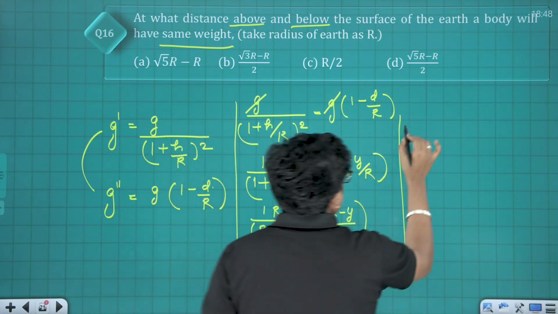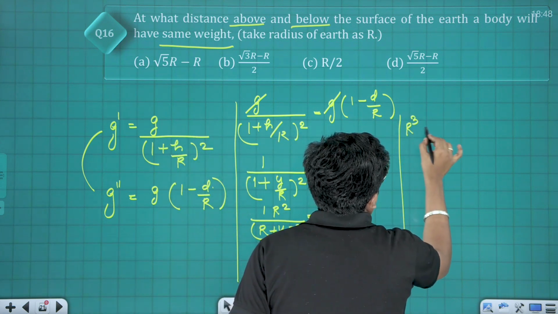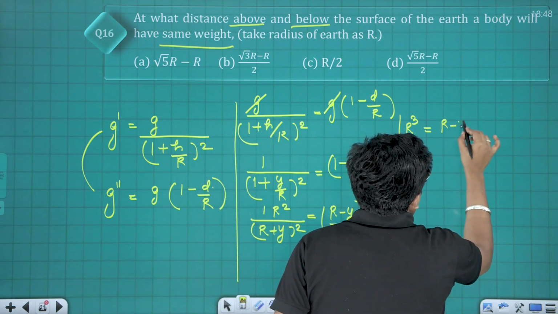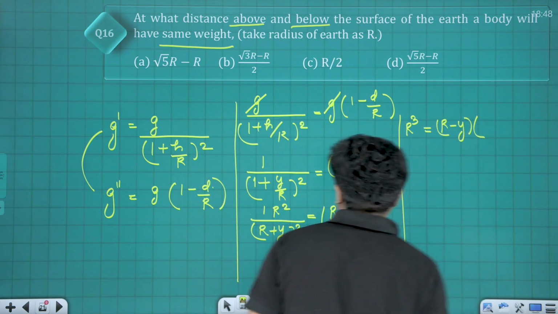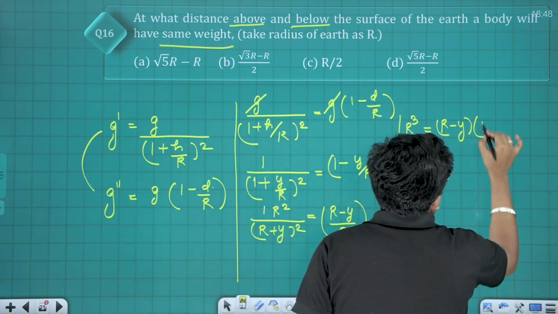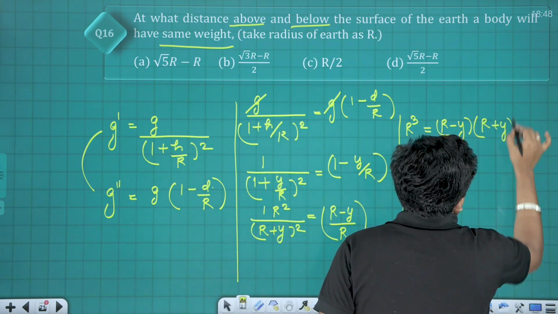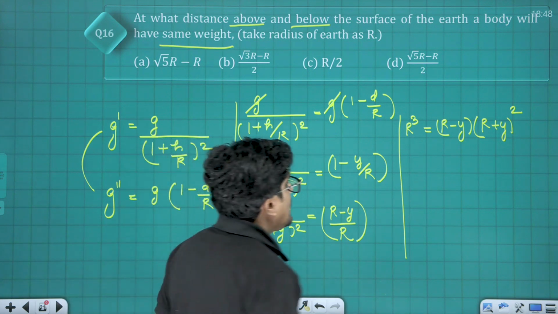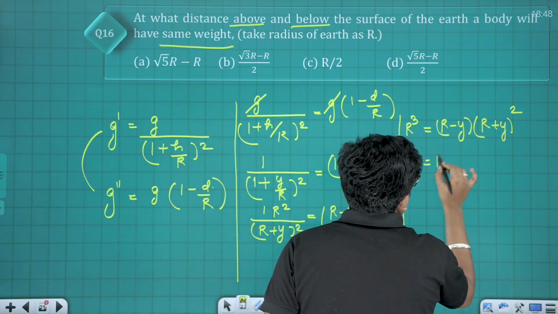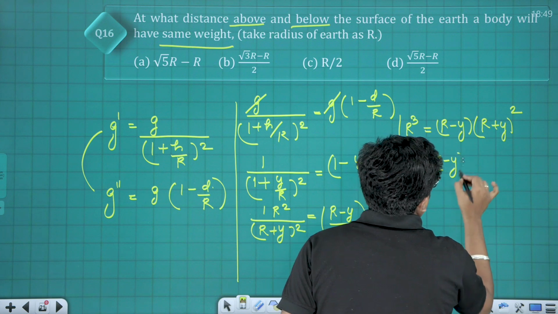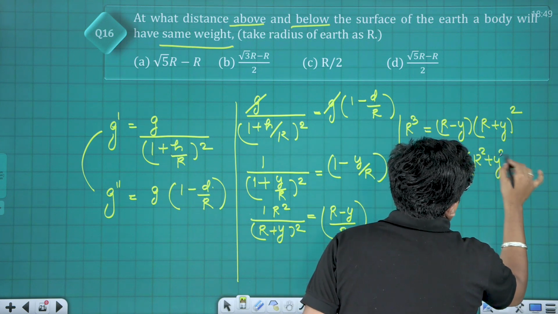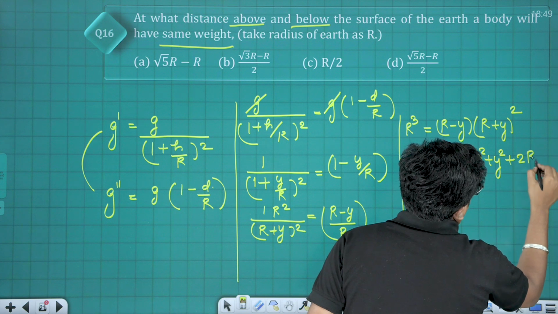So here this is going to be capital R cube equals r minus y into r plus y the all square. Here this is r minus y into r square plus y square plus 2 times r into y.